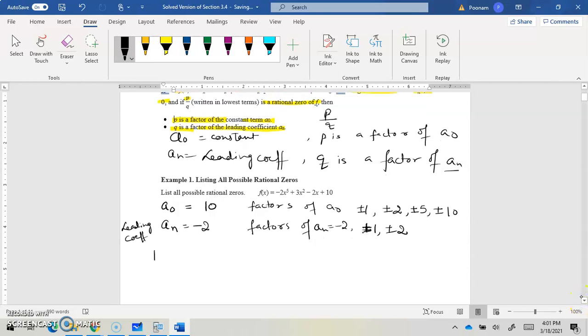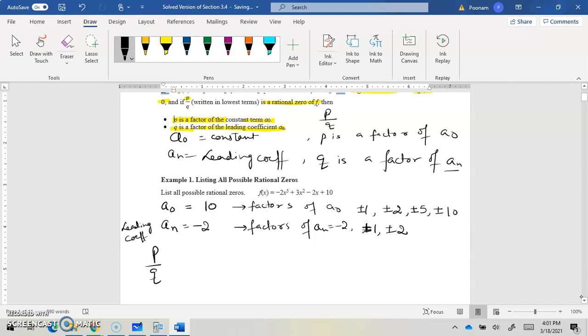So if p by q is a zero of the given function f of x, then p, the numerator, should come from the factors of a naught, and the denominator should come from the factors of negative 2. So what are the possibilities?